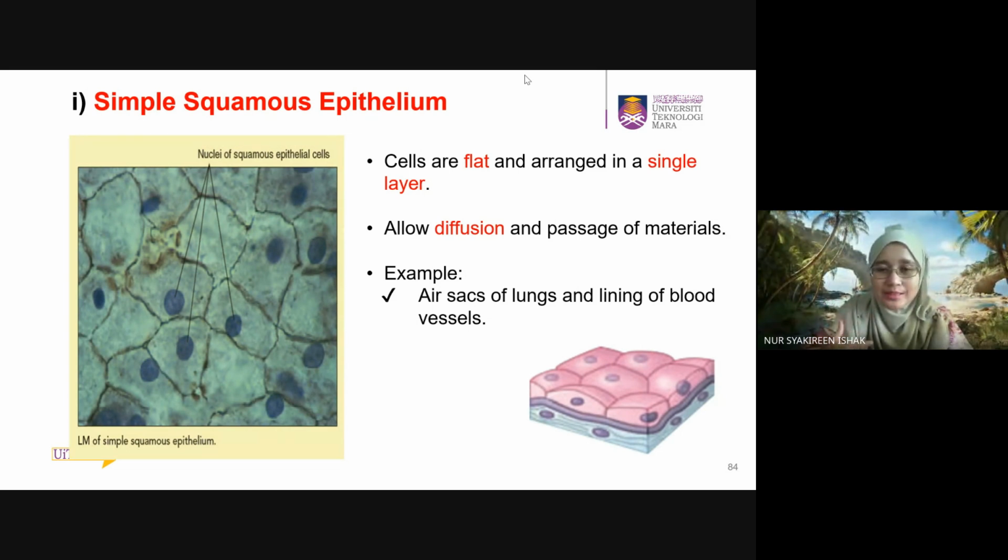To allow easy diffusion of materials such as gases. Simple squamous epithelium is the arrangement of tissue that makes up the alveolus, the air sac, that allows oxygen to diffuse in and carbon dioxide to diffuse out. So the layer has to be a single layer of flattened cells, simple squamous.